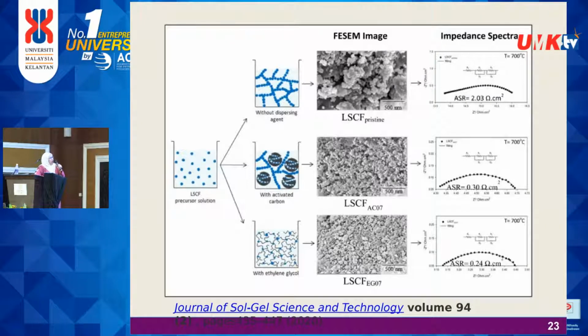You can see that when we use activated carbon, the area specific resistance of the half cell is 0.3, and using ethylene glycol, the area specific resistance of the half cell is 0.2, which is much, much lower than the sample without any dispersing agent.